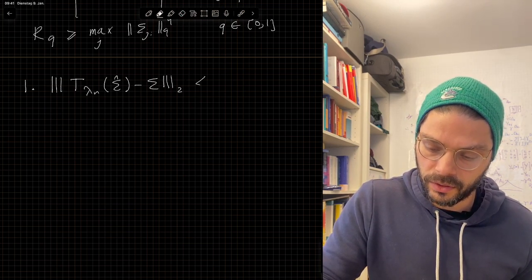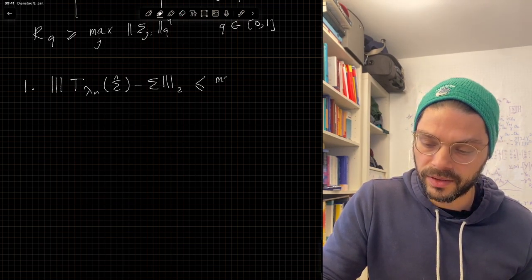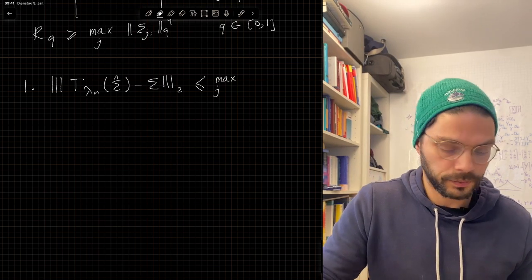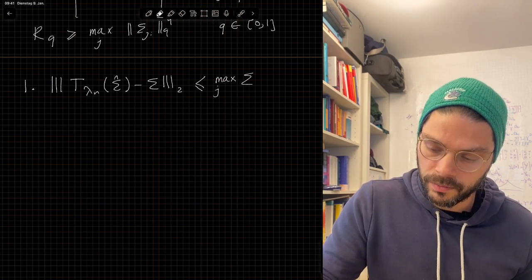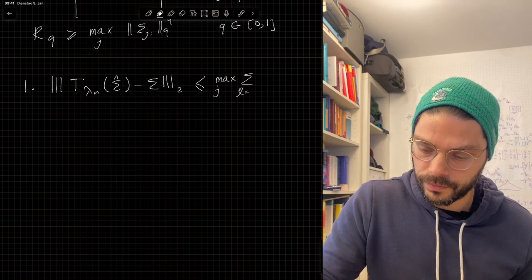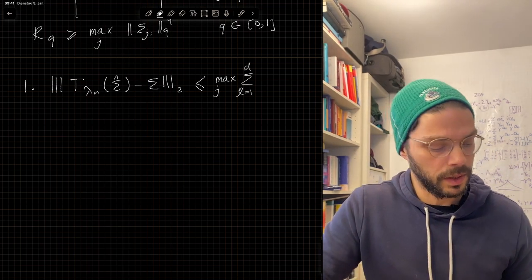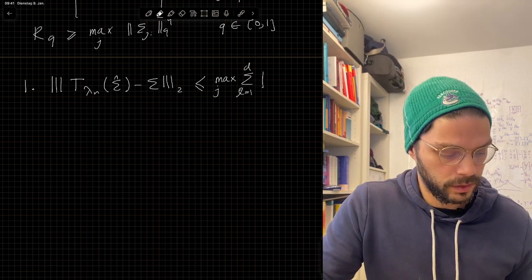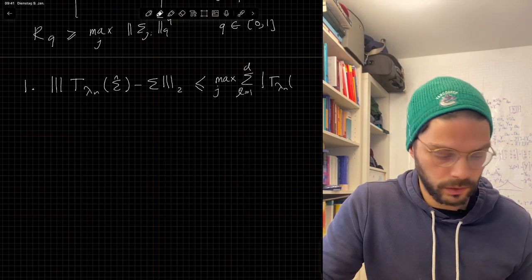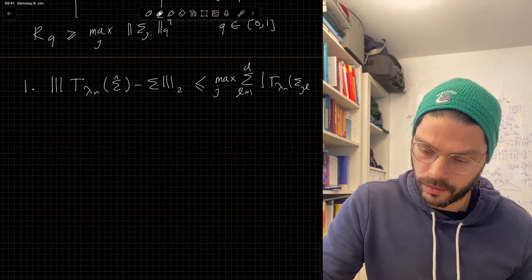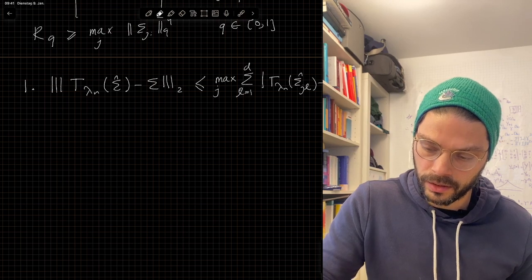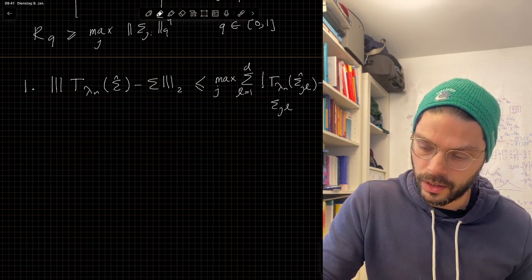It is less than or equal to the max over rows of the column sum of the differences, the absolute value of the thresholded entry minus sigma JL.